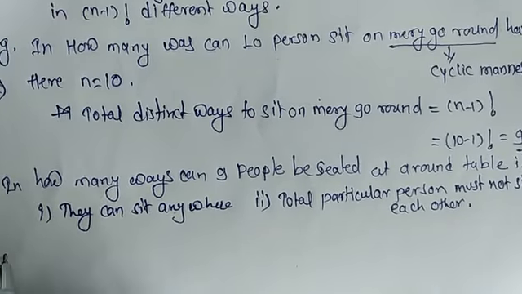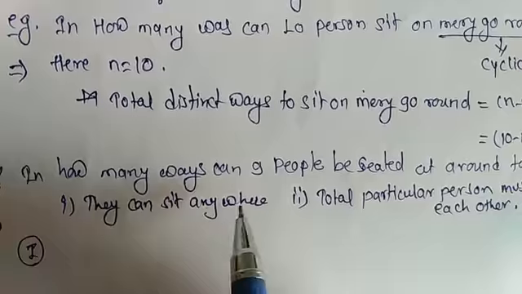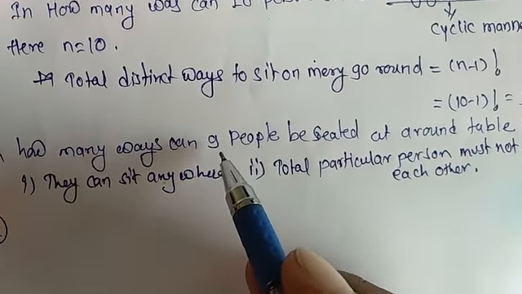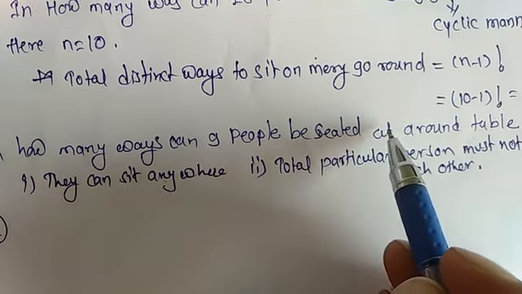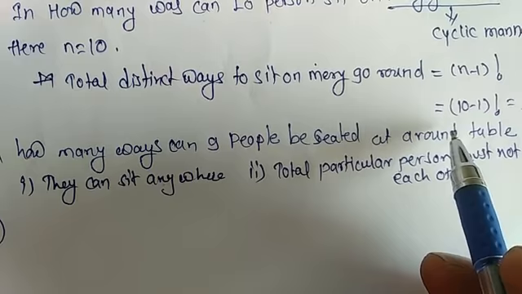Now the first case is a simple one. In this case they can sit anywhere, and n is given as 9 people at a round table, which means it is a cyclic permutation.